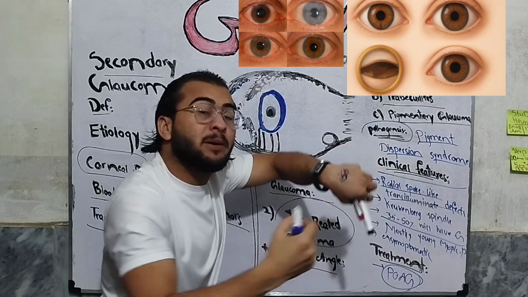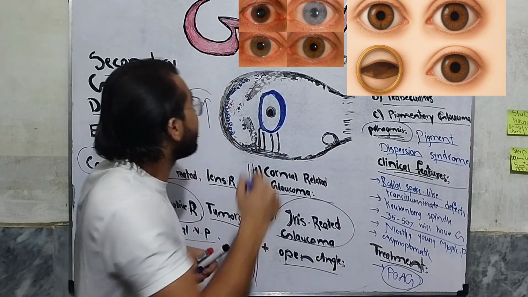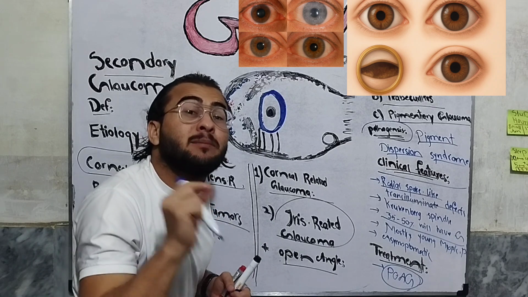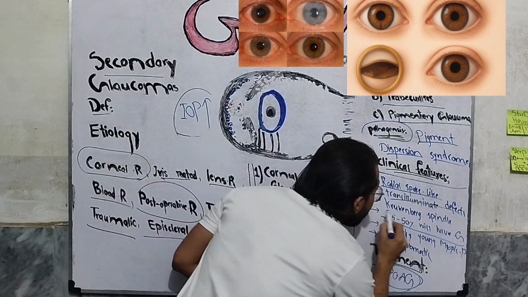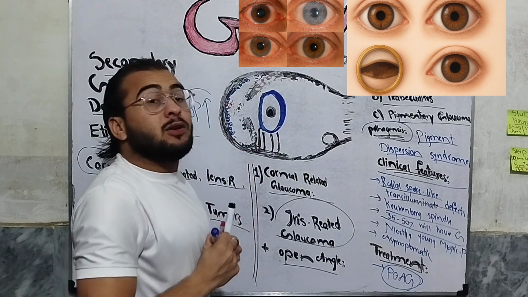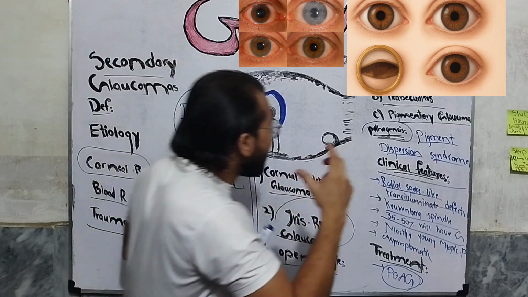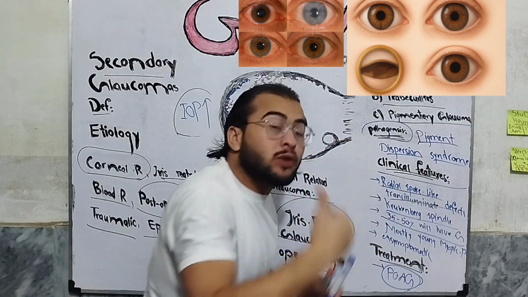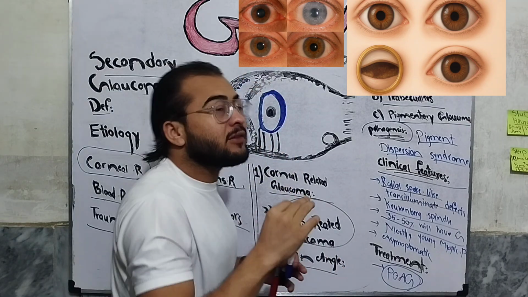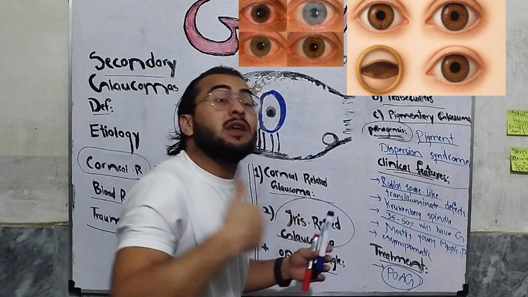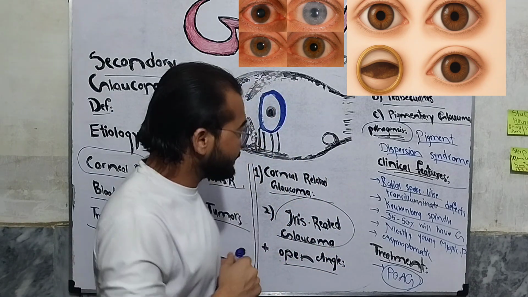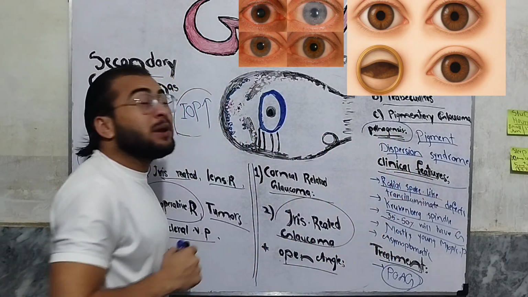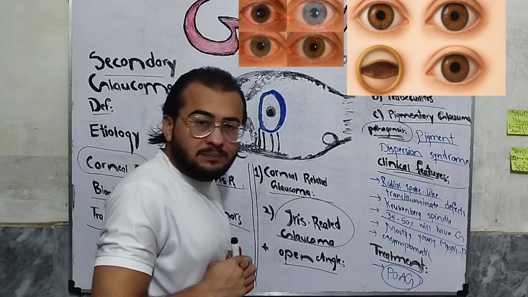This spindle shape deposition of melanin pigment on the corneal endothelium is called Krukenberg spindle. So we will have radial spoke-like trans-illumination defects, Krukenberg spindle, and the patients are mostly young myopic patients. These are the clinical features of pigmentary glaucoma.